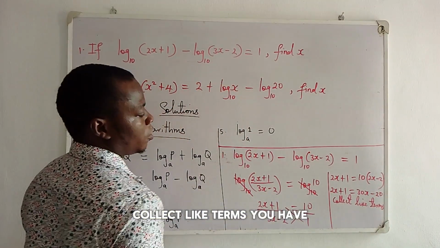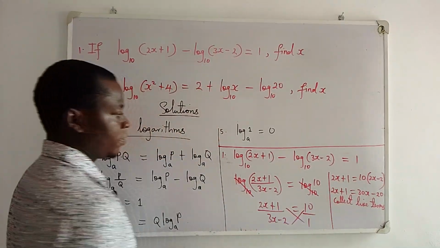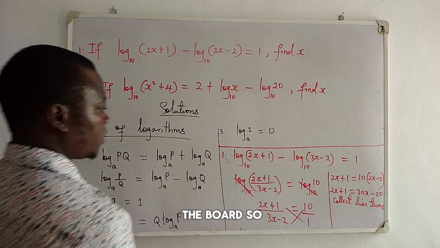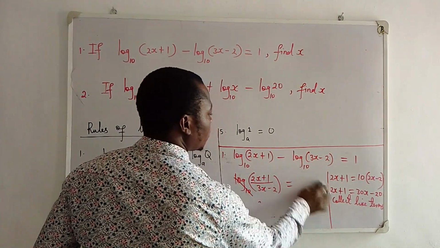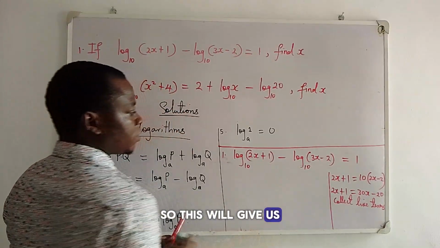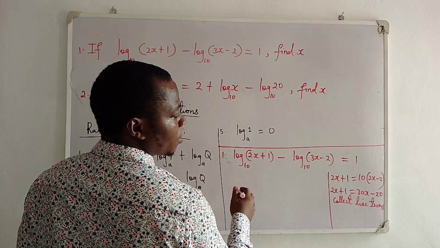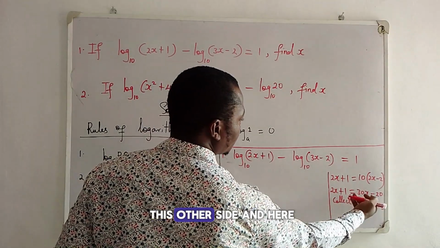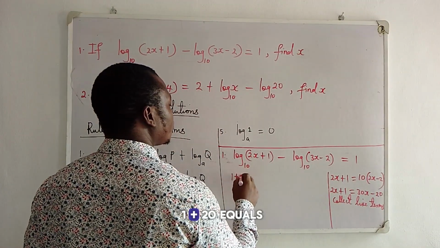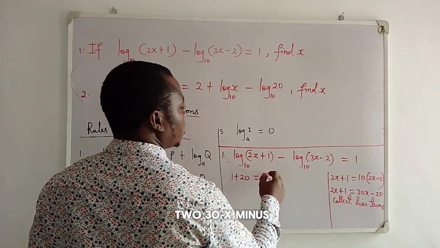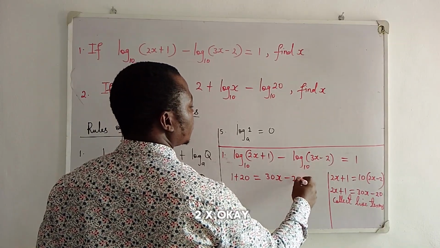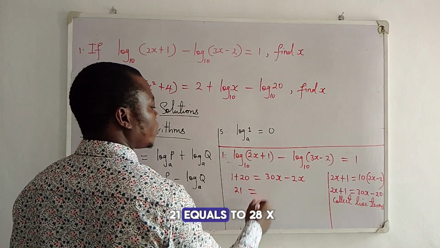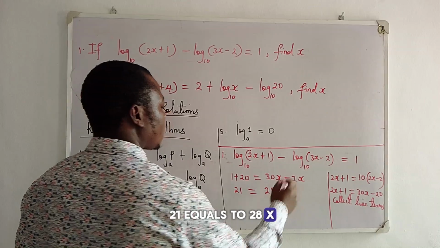Collect like terms. Permit me to clean the board. If this comes to this other side, that will be 1 plus 20 equals 30x minus 2x. This plus this is 21 equals 28x.